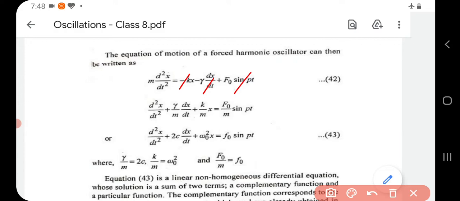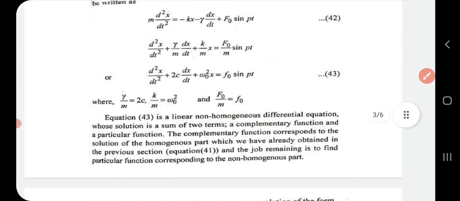Now you divide the left and right sides by the mass m. You get this equation, and finally you make some replacements: you replace gamma by m with 2c, k by m with omega 0 square, and F0 by m with small f0. Then you will get equation 43. These are the substitutions that you make.